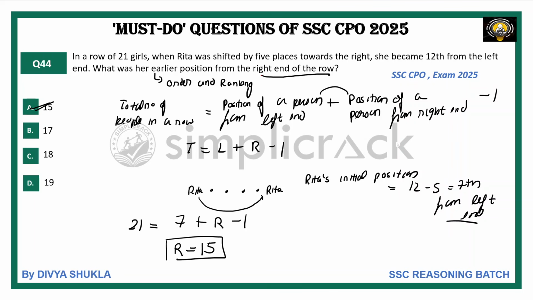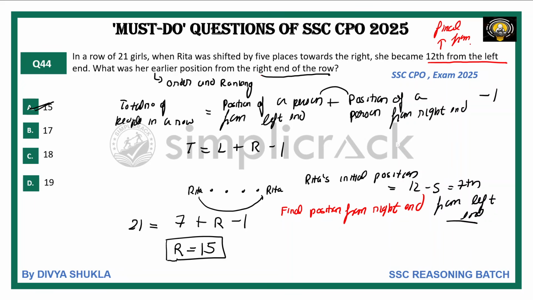Now suppose in the same question, I'm asking you another question: find the final position from the right hand. What would be the answer? Since I already know that she is becoming 12th from the left hand, that means this is the final position from left.